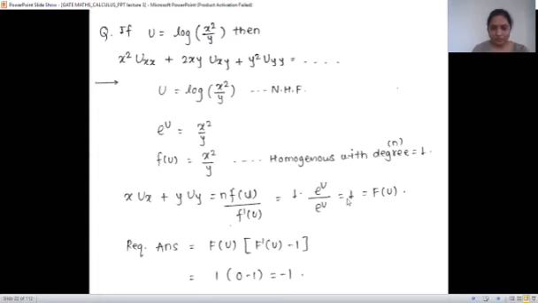F of u is 1, so the derivative is 0, giving 0 minus 1. So the answer will be minus 1. Remember, this is not a homogeneous function, so we have to write it as a homogeneous function of some function of u, then use this formula and call it capital F, and for the second degree use the formula in capital F, that is F of u into F dash of u minus 1. Any doubt you can ask?